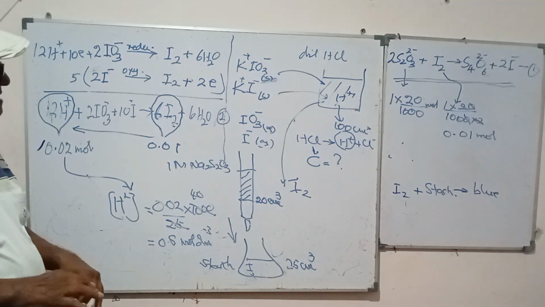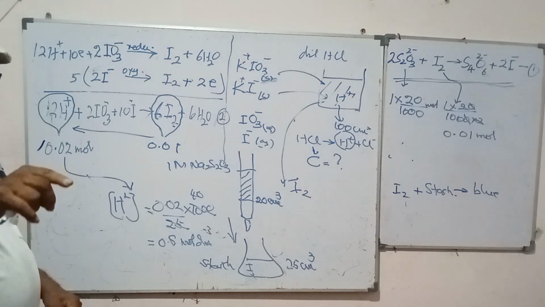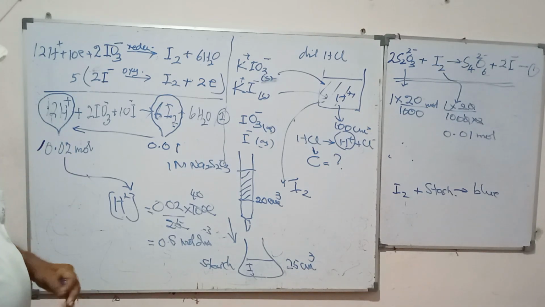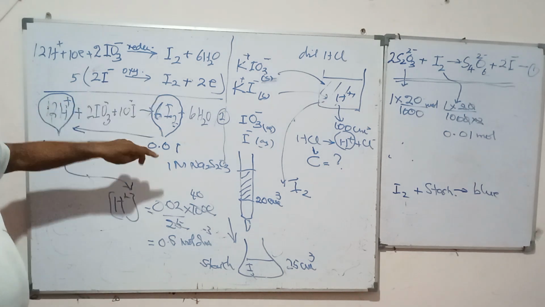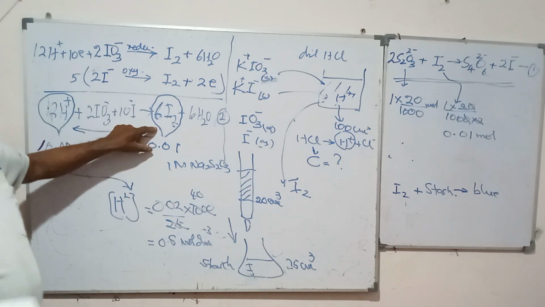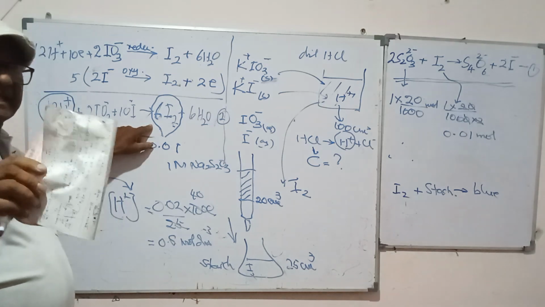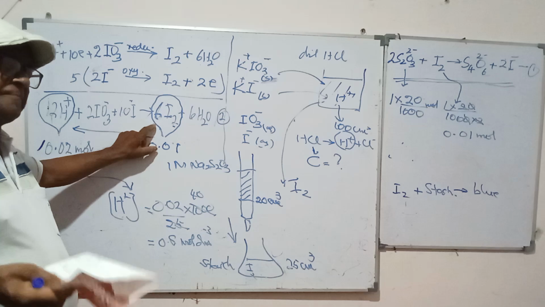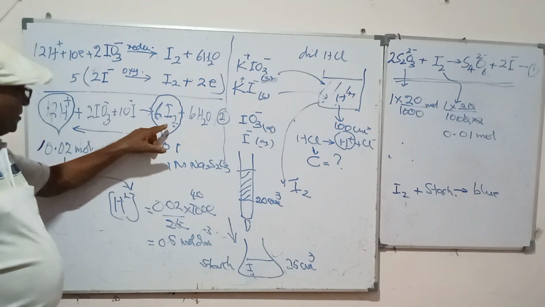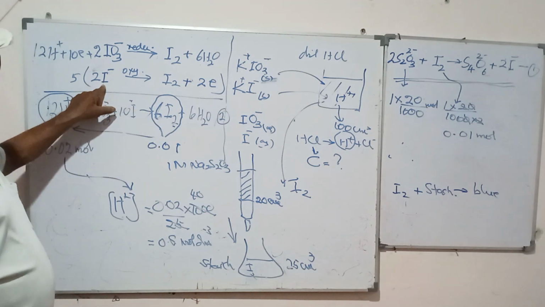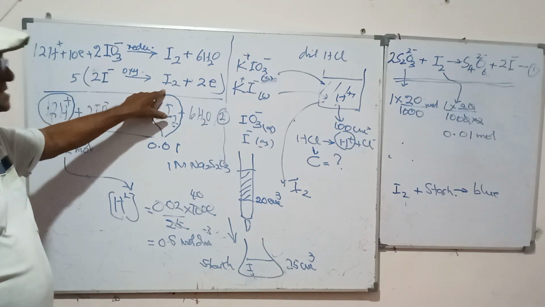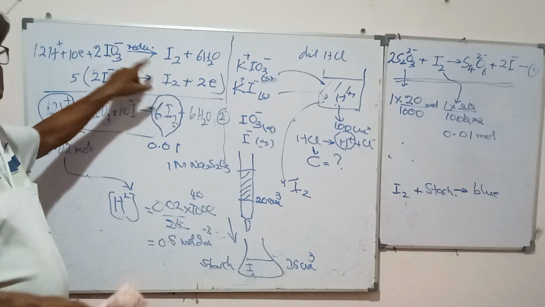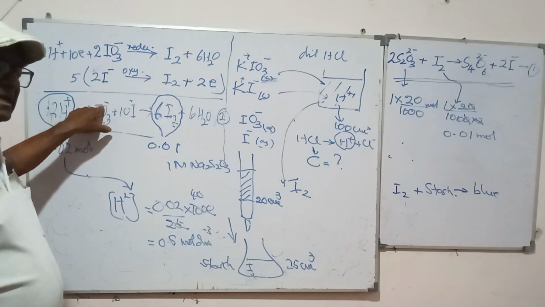So there are so many similar reactions. Now you can understand that with iodine, there are so many reactions. By these reactions, I2 can be formed. I2 can be produced. To produce I2, I minus should be oxidized. Then another one should be reduced.